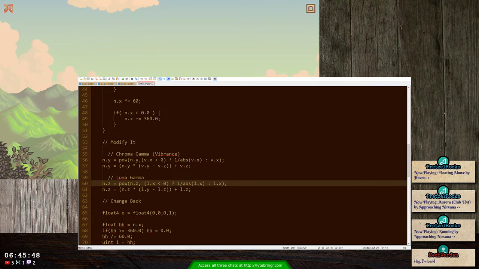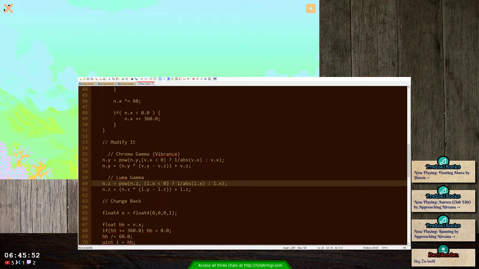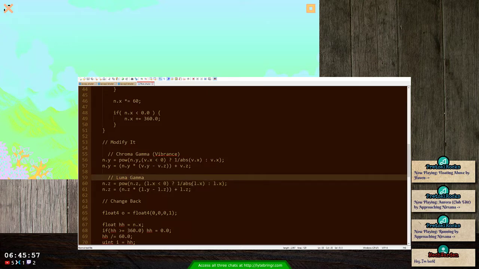Now we reload the effect, set it to 0, and it's not right. Why is it not right? Oh, because it's still 0.